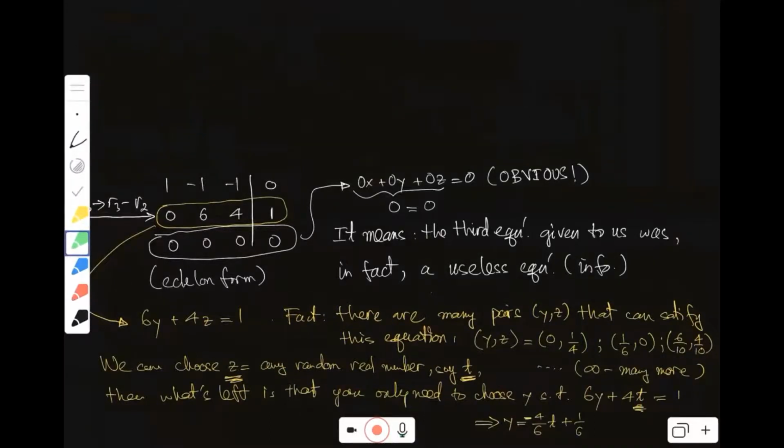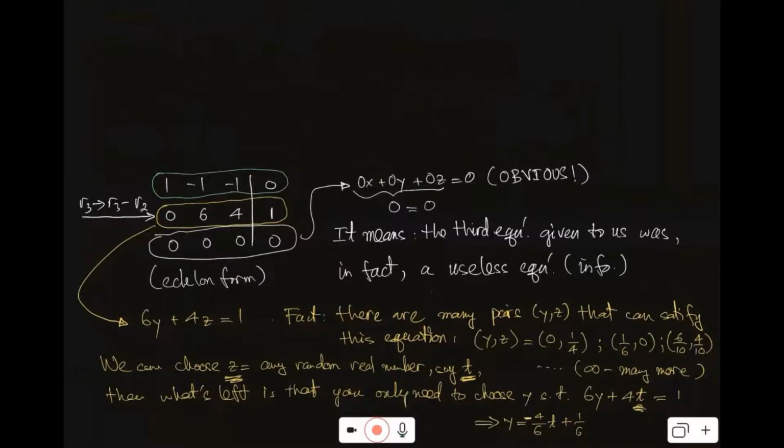All right, next we are going to focus on the last equation. We are using the backward method to find the solution. So the last equation means that you have x minus y minus z equals to 0, right? However, you have already found z, that is the random choice that you made, and y, that is depending on the random choice that you made.